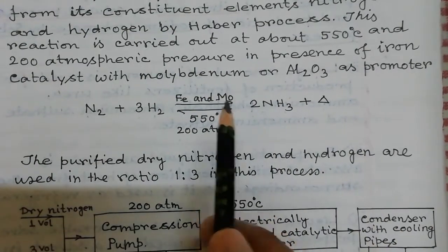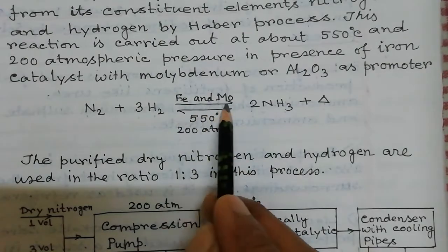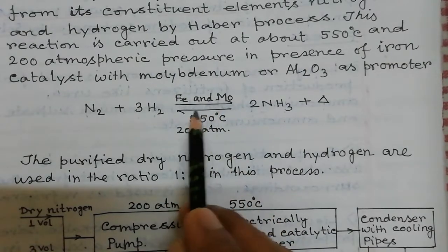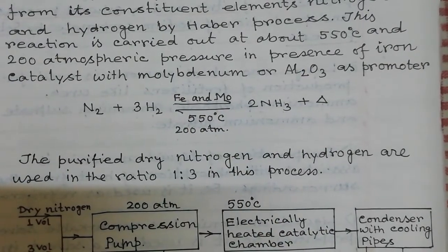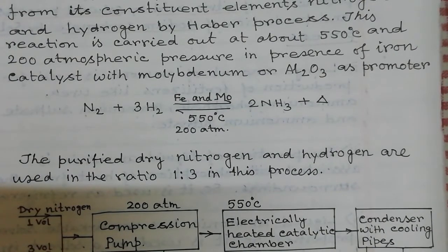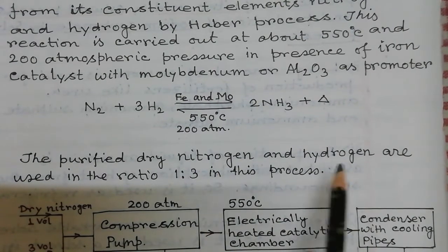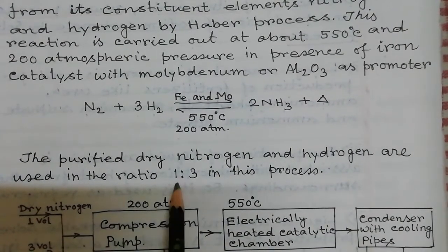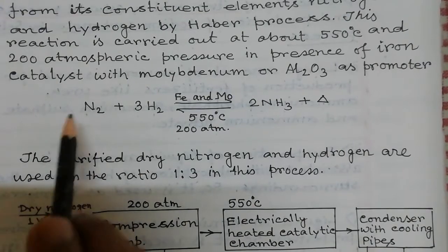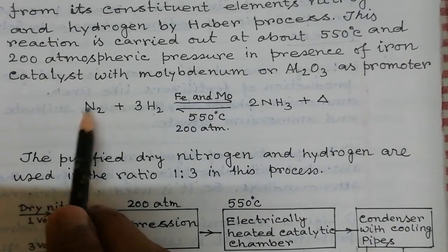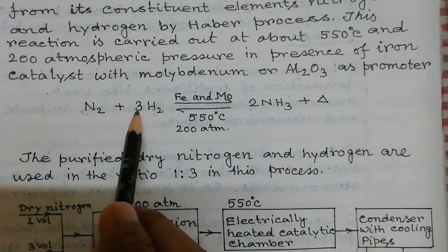And this reaction is a reversible reaction. This is the sign for a reversible reaction. In this process, we must use dry nitrogen and hydrogen in the ratio 1:3. Nitrogen is 1 volume and hydrogen is 3 volumes.